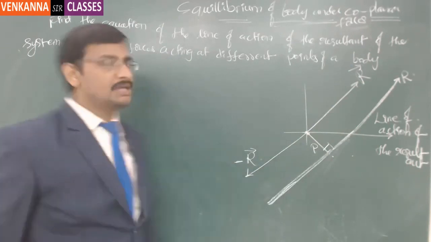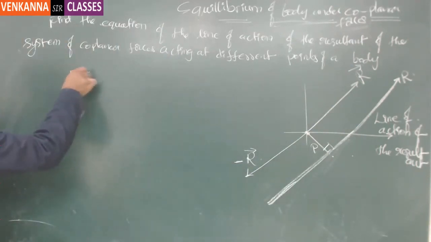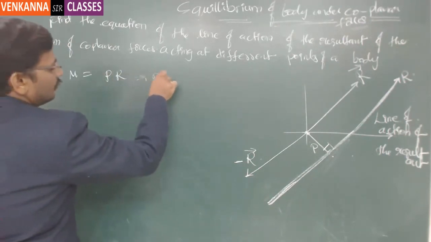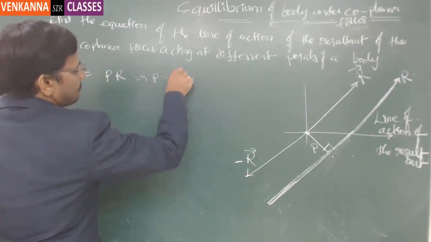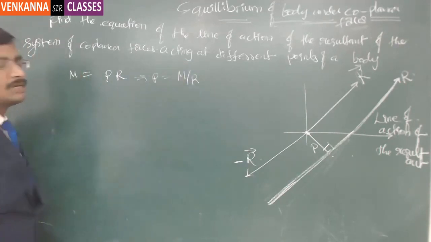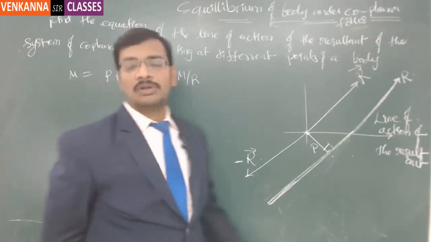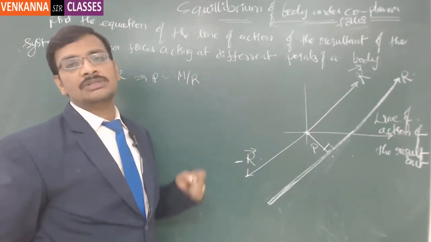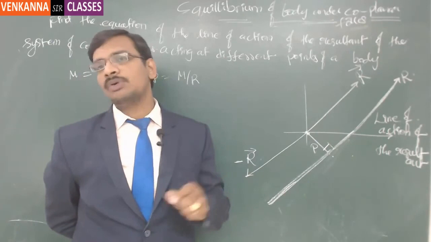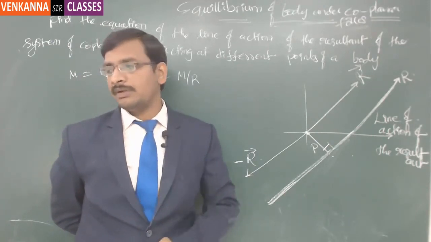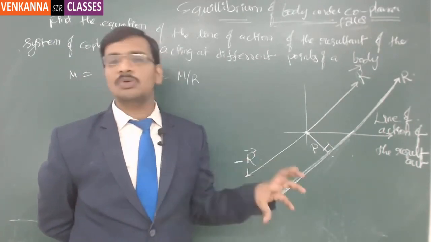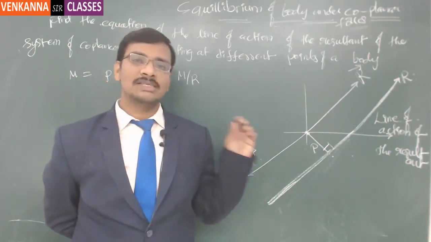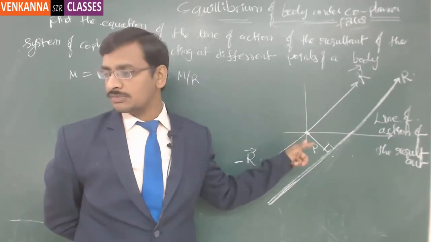That means M is equal to P into R, or P is equal to M by R, where M is the resultant moment. There is one more theorem. If there are multiple forces that individually contribute moments M1, M2, M3, up to Mn, then the sum of all the moments together is a single moment, and that moment is equal to the moment of the resultant force about the same point.